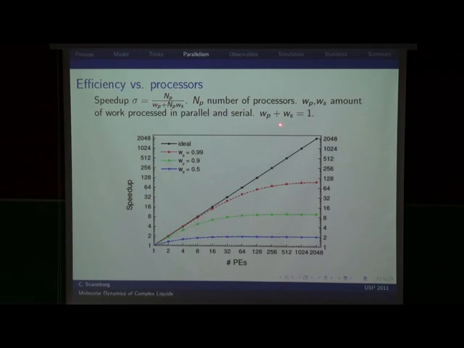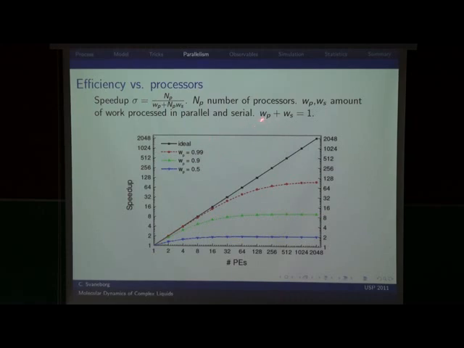So if you have a job that is 100% serial, it means the WP will be 0. And what you can see is that the speed up of running such a job on P processors is going to be, so this one is 1, that one is 0, 1 divided by the fraction that can be run in serial.